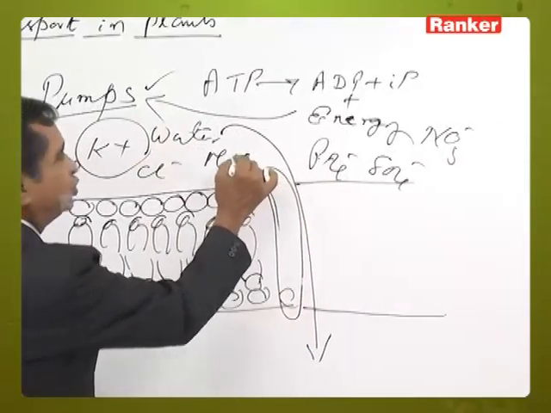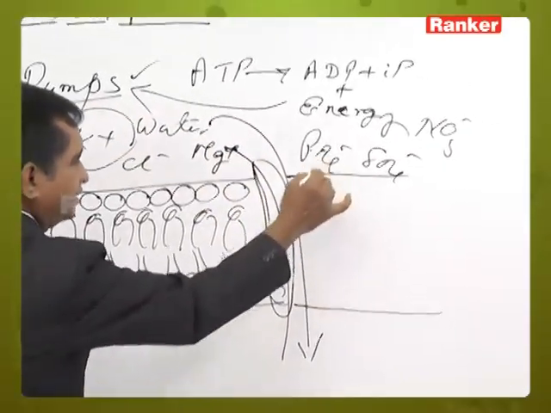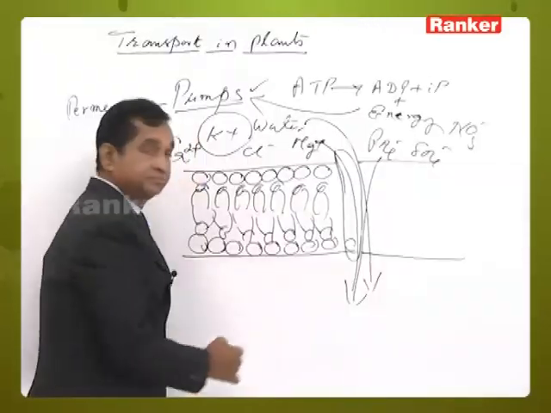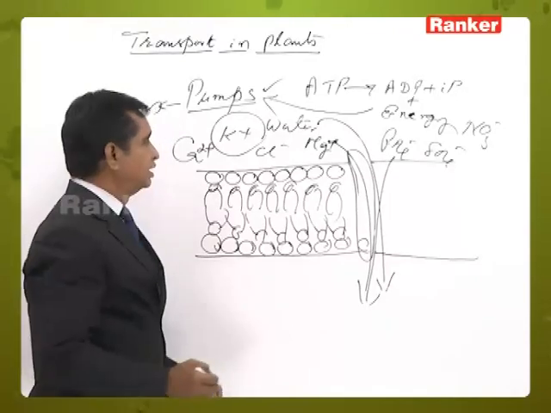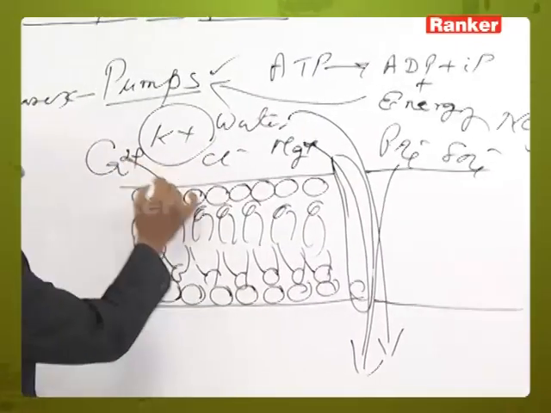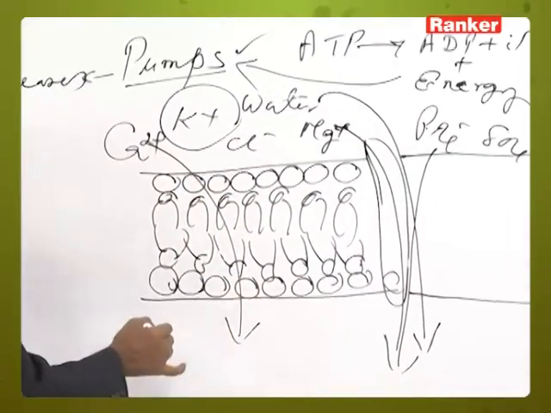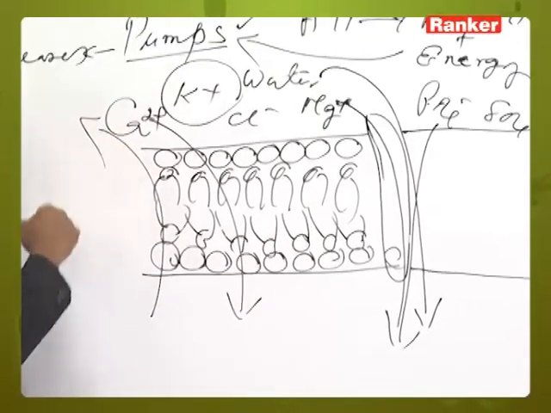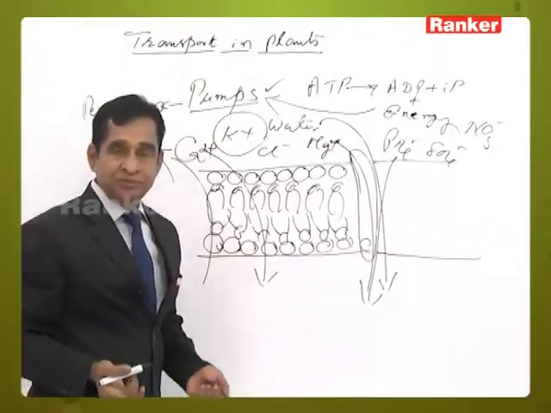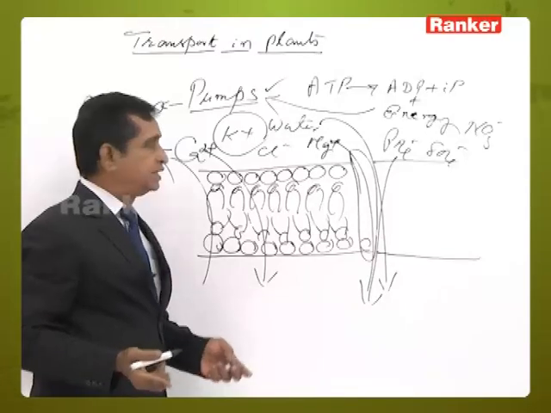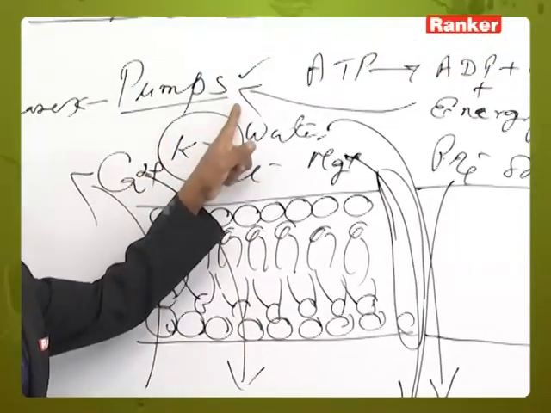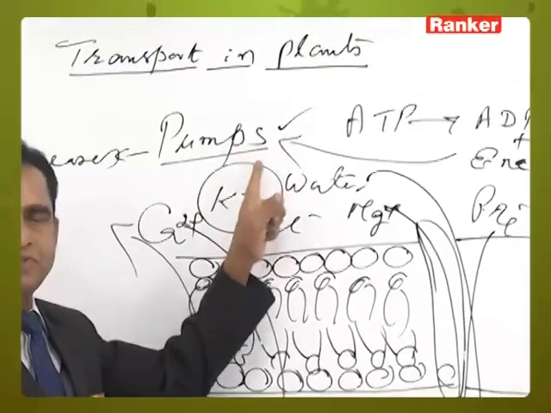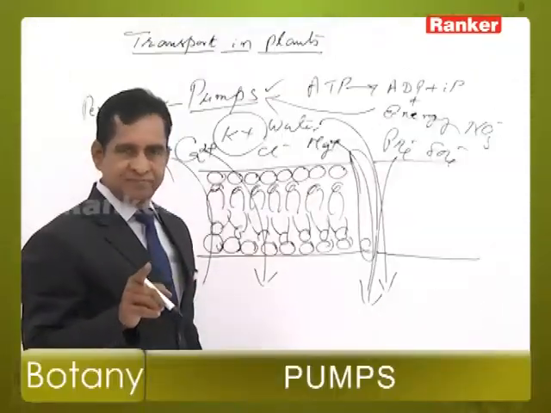transport two ions in the same direction, that is symport, or one ion is transported inside and one ion is transported outside, that is the antiport. This depends on the nature of the pumps, and these pumps are protein carriers.